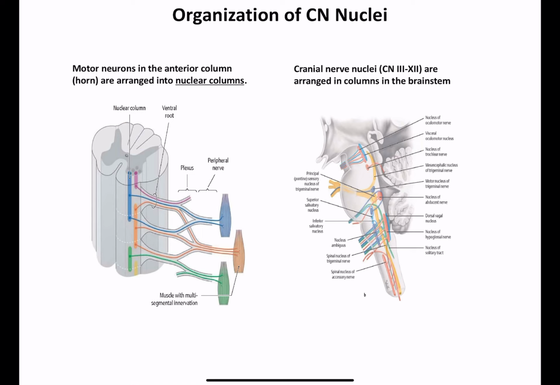So the same idea from the spinal cord, you can apply it to the higher areas. You can think about the cranial nerve nuclei. They are the same way. They are arranged in columns in the brainstem, right? We said that there are these visceral afferents and efferents on either side. When we say visceral, which ones are we talking about?